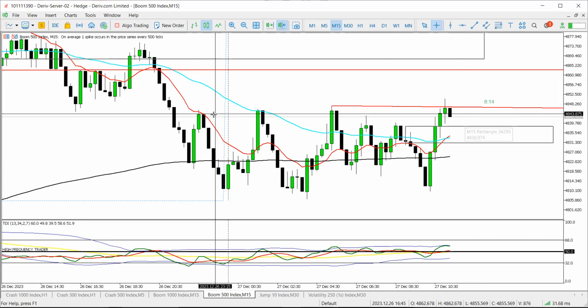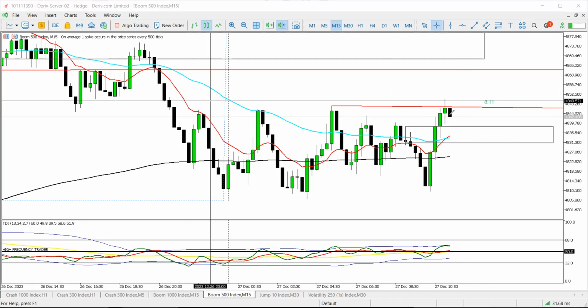But what we want here is to get price to come in here, show us that it's rejecting, then we can take a short-term buy. If we get any form of rejection here or a nameable candlestick pattern like this one or any pin bar, we can take a buy from there.